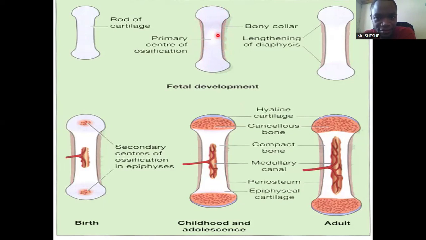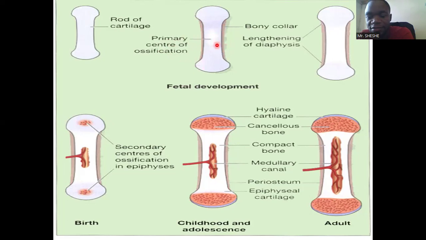This is the diaphysis, the middle part of the long bone, which you can also call the shaft. That is the epiphysis. This one has no collar, but this one has a collar, which is tough, dense connective tissue. So what happens is that blood, nutrients and gases are cut off when the collar develops.